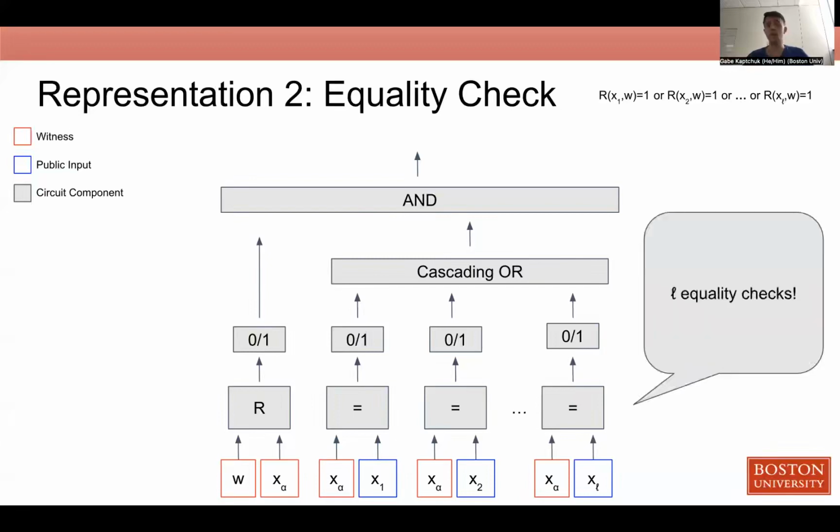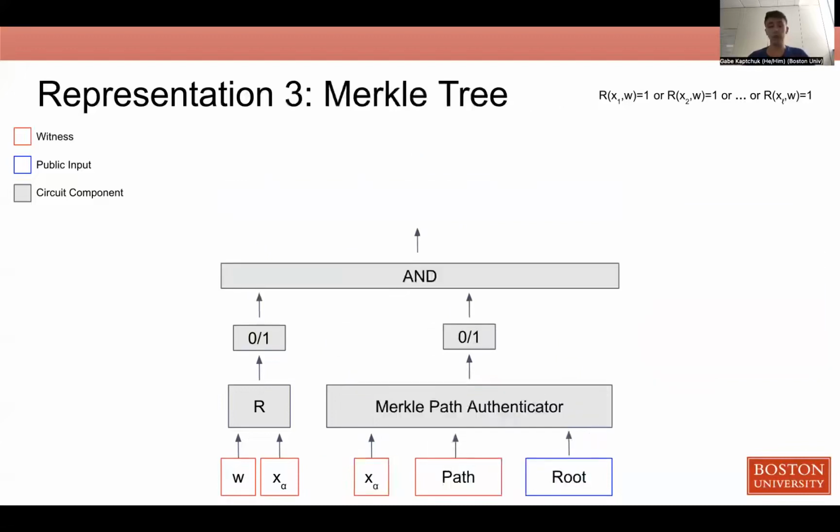This is more efficient, but there's still a linear number of equality checks happening in the circuit, and L could actually be quite large, think 2 to the 15, right? And so this would not be something you'd want to do in practice. What you'd really want is something that's sublinear in L. The way to get sublinearity in L for the general approach is to use some kind of accumulator, like a Merkle tree, in order to do the set membership check.